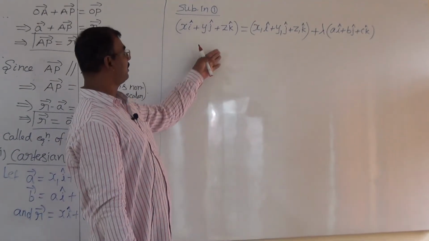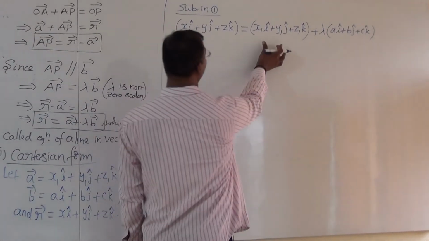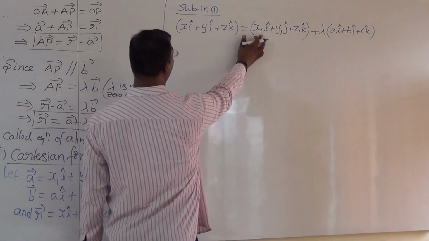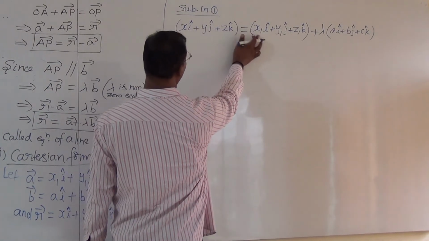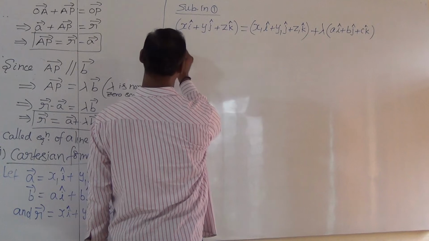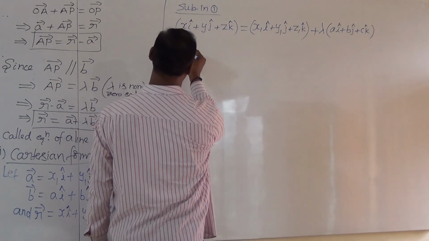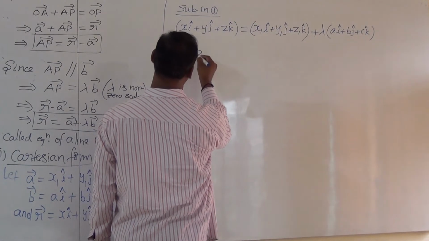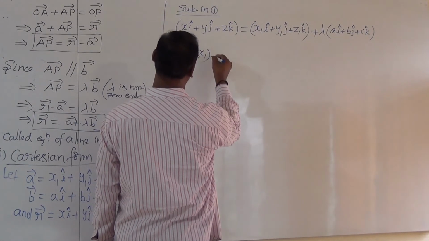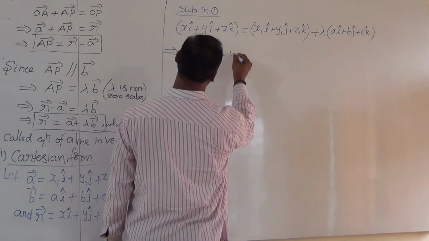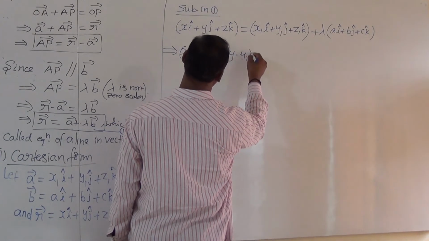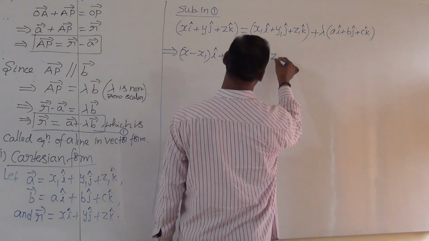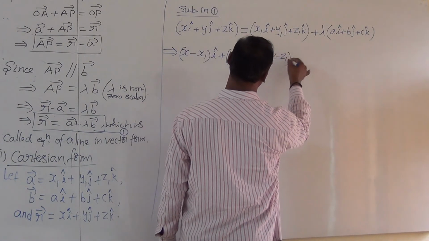Now simplify this one. How to simplify? This term we take to the left side. Observe that all terms taken over get what symbol? Minus. Okay? From this, x into i, so shall we take i common? x minus x1 into i cap plus y minus y1 into j cap plus z minus z1 into k cap.